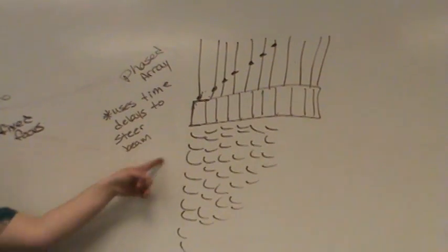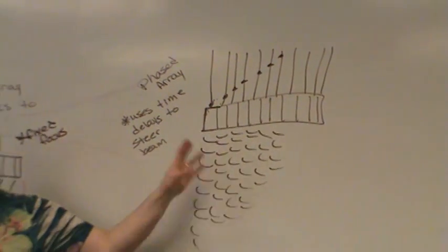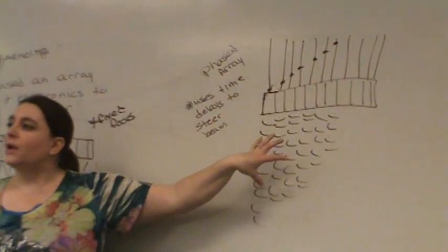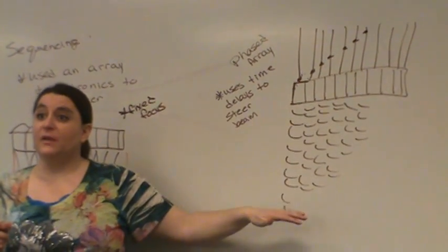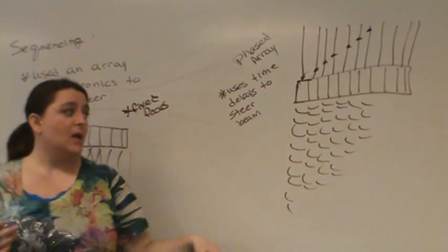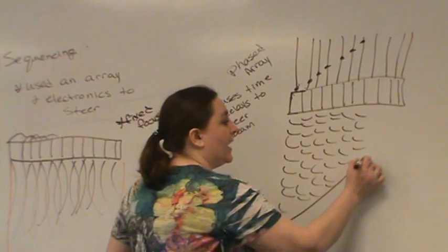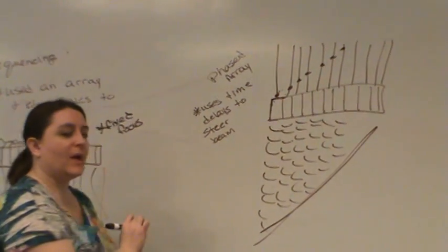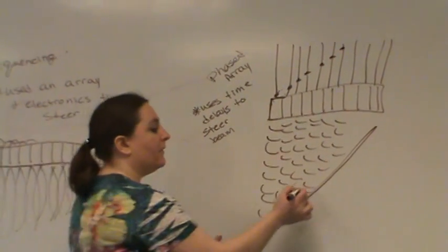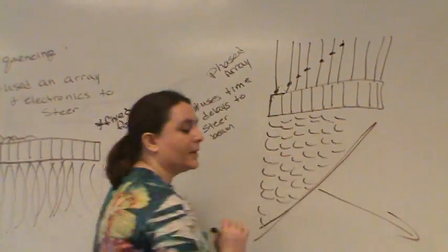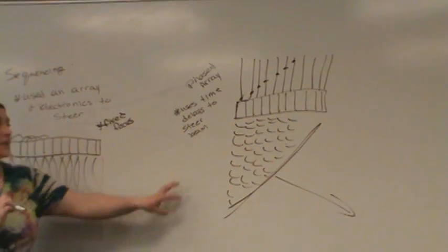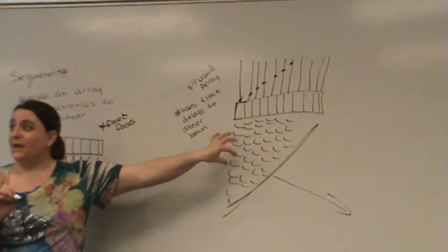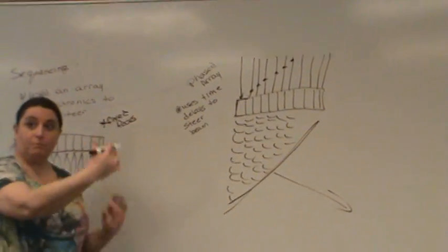So while we have hundreds of different ultrasound waves actually traveling at different times, we add them all up. And if I add up all of these individual waves together, we get one big wave that in general is going that direction. And remember this kind of adding up of all of these little waves together and creating one big wave out of it?